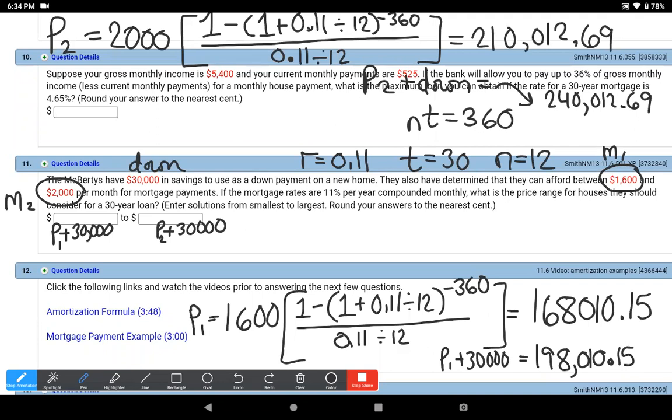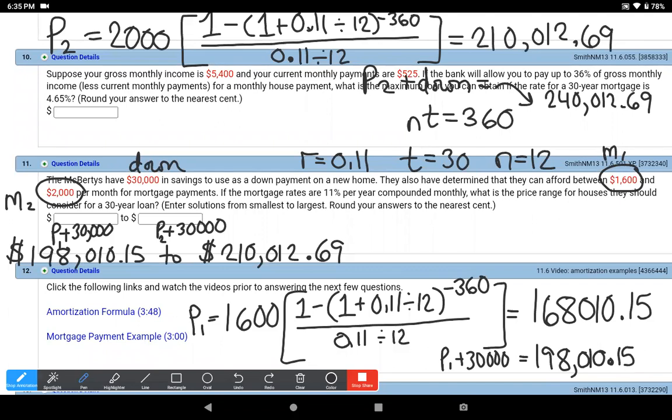So the amount of house that these people can afford ranges from this value to this value. And then that's the end of the procedures for just solving for P.